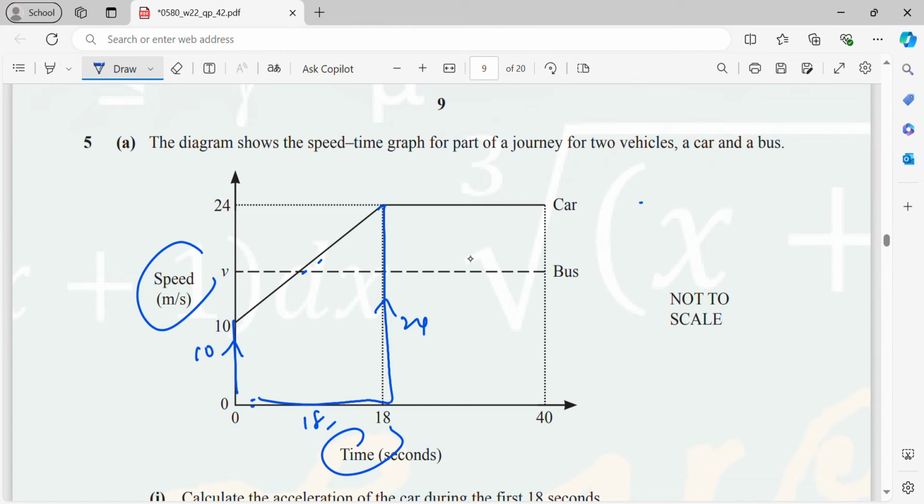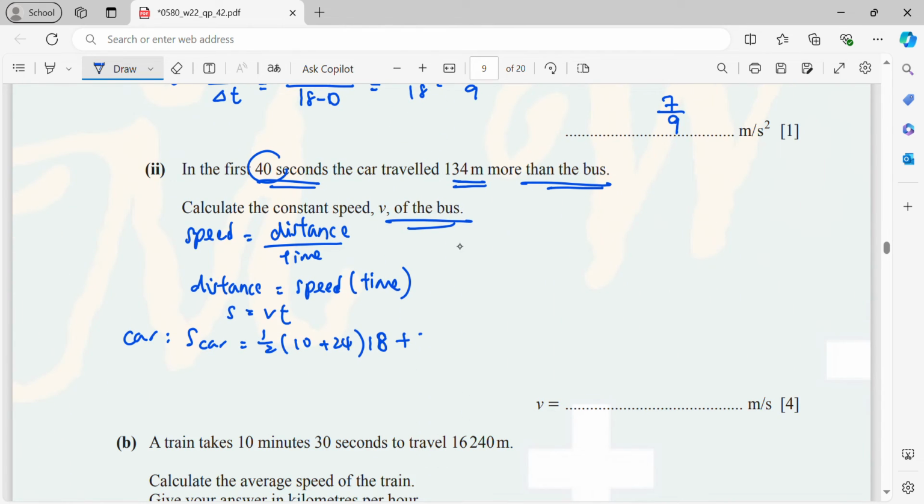Here is 24, this is going to be 40 minus 18. So I will just write plus 24 bracket 40 minus 18. This will be the distance traveled by the car. Then here you will be getting 306 plus 528, which is 834.